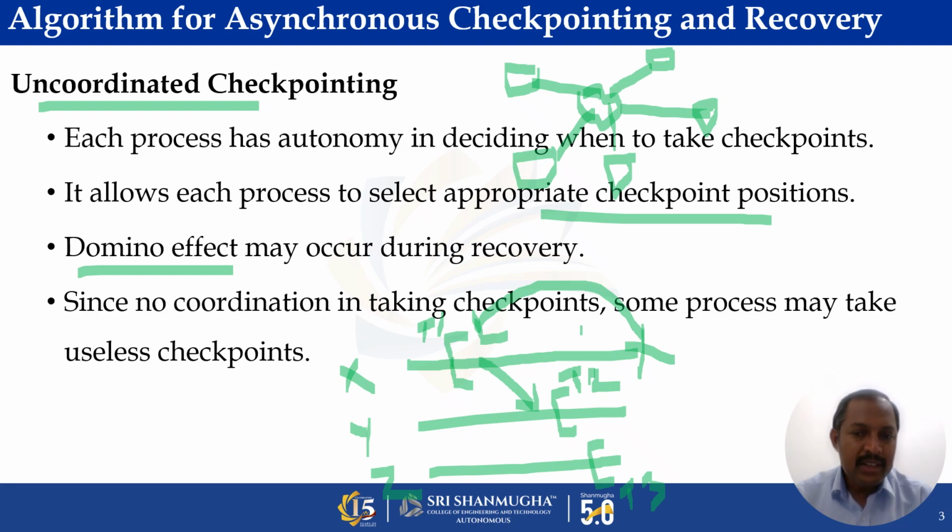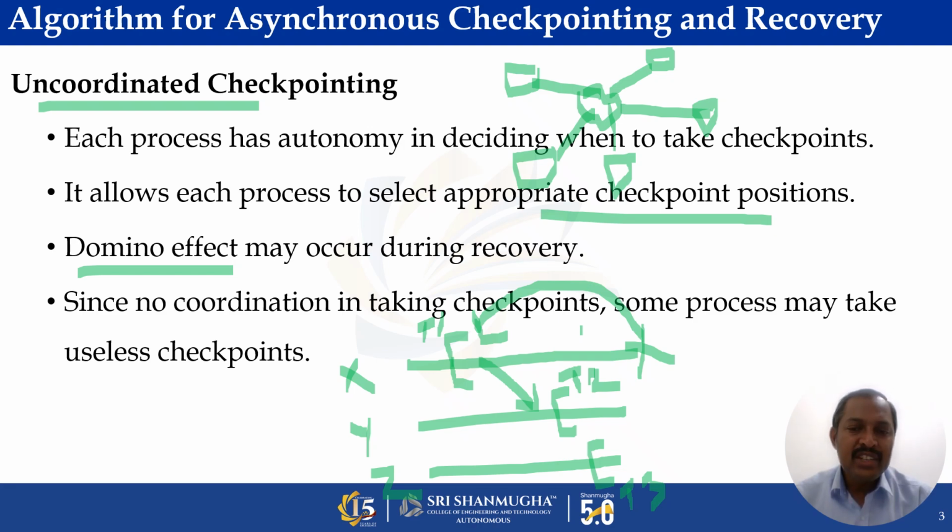After this rollback, the message is not yet sent by process X, but it was received by Y. So we call this an orphan message. After recovery, the message is not sent by X, but it was received by Y. This is called the domino effect. So in uncoordinated checkpointing, the domino effect may occur.